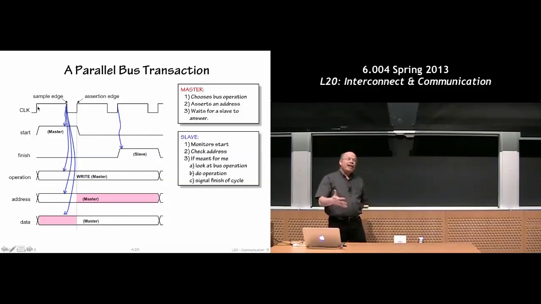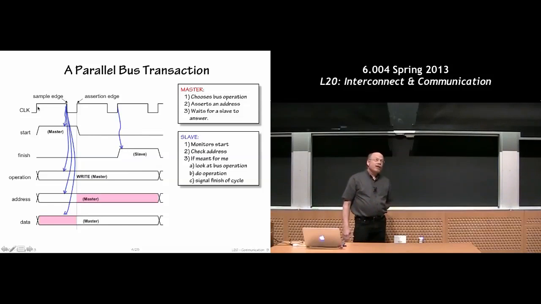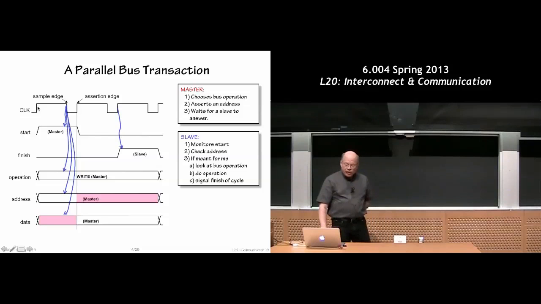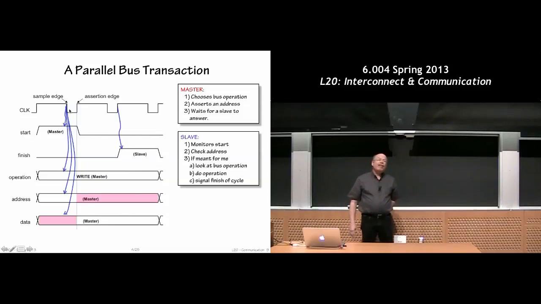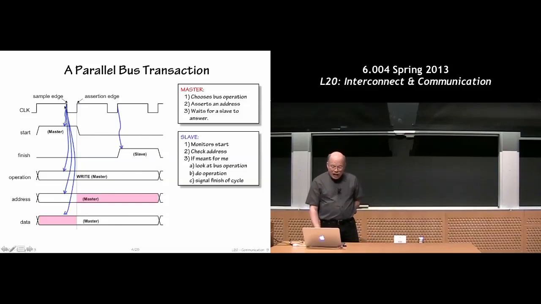We want everybody to see the same information, but they don't all get it at the same time. So this was a systematic way of saying, look, I'm going to give 37 nanoseconds for the information to get everywhere in the system, and then everybody will look at it at the same time. And a lot of work, by the way, went into making sure that the clock edge arrived everywhere at the same time, which is a separate engineering issue.